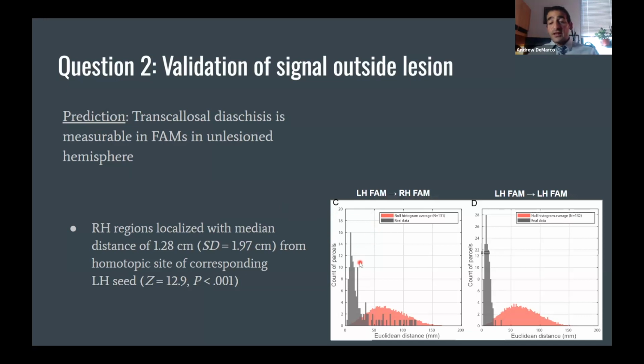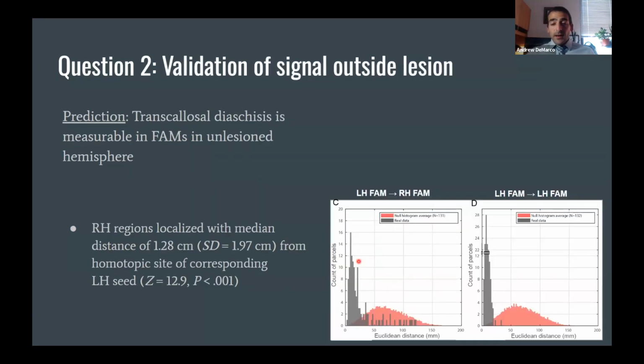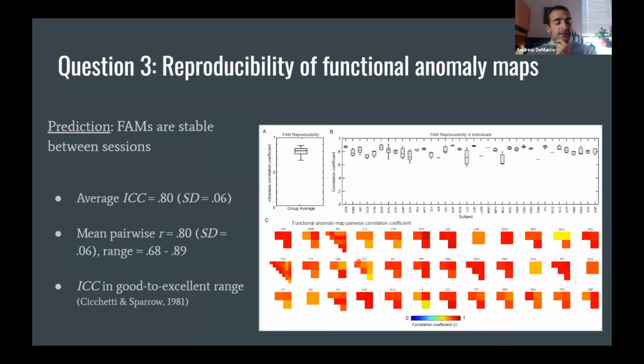And of course, in this analysis, we're ignoring the x coordinate, because we're flipping left to right. So you can imagine taking the absolute value of that. Okay. So it looks like we're able to take left hemisphere data and find right hemisphere consequences that might match onto that idea of transcallosal diaschisis.